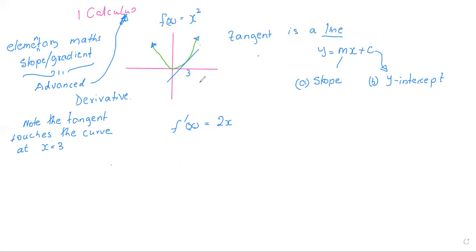Now, it is of interest to know if x is 3, what will be the value of y? If x is 3, then what will be the value of y? So we can say f of 3 will be 3 squared from our function up there, and that will give us a 9.